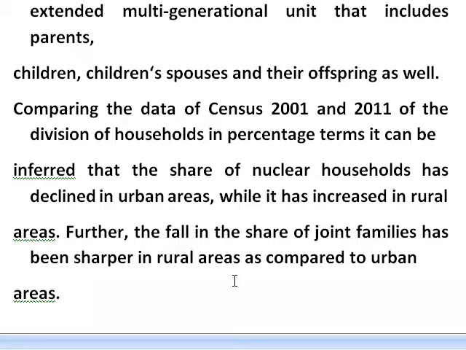Comparing the data of Census 2001 and 2011 on the division of households in percentage terms, it can be inferred that the share of nuclear households has declined in urban areas, while it has increased in rural areas. Further, the fall in the share of joint families has been sharper in rural areas as compared to urban areas.